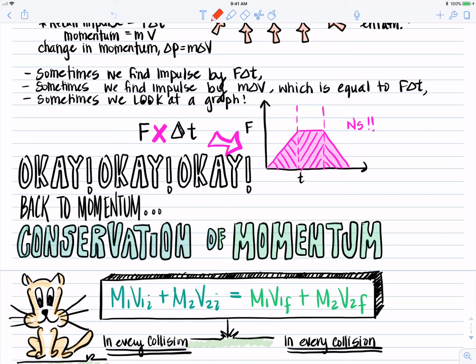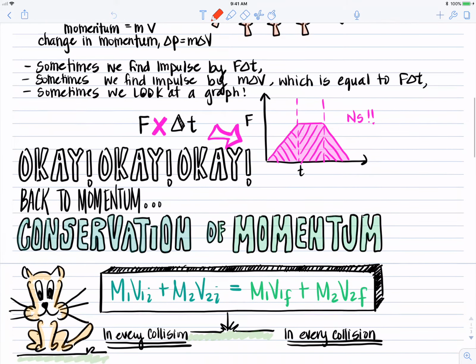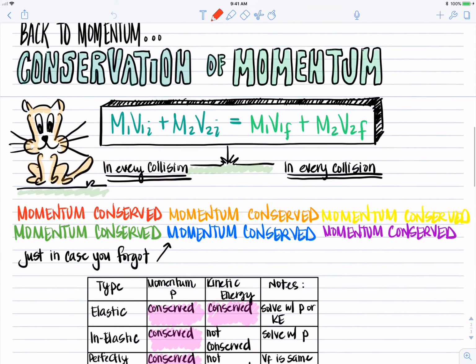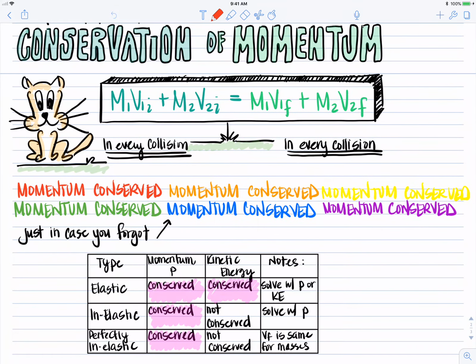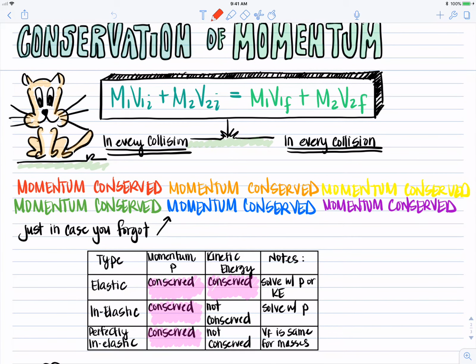So when we started talking about types of collisions, we started to talk about kinetic energy. Now again, remember, in case you forgot, momentum is conserved in every collision. Momentum conserved, momentum conserved, momentum conserved. Now that doesn't mean kinetic energy is conserved.